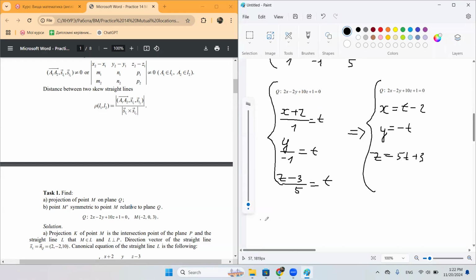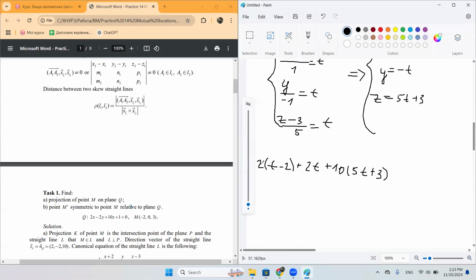Now let's substitute. So 2 times (t minus 2) plus 2t plus 10 times (5t plus 3).